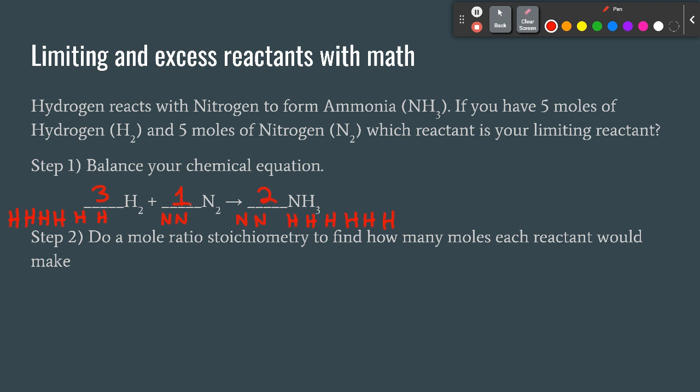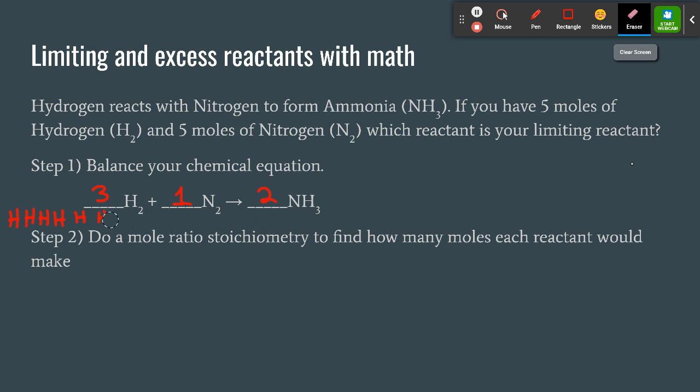So this is our balanced chemical reaction. Our next step is to use our mole ratios to determine which reactant is going to yield the least amount of product, which means we're doing some T-charts.